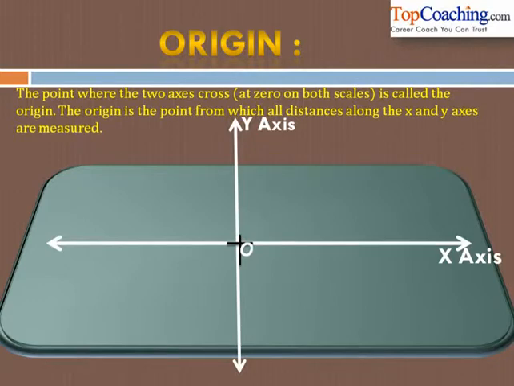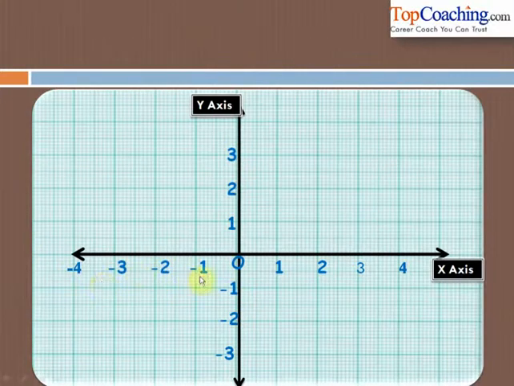Now let's see an example of how a point is located on the coordinate plane. So let us say that this is the coordinate plane, where this represents the x-axis and this represents the y-axis. Also we see that there are numbers plotted on the x-axis as well as on the y-axis. Towards the right side of the origin on the x-axis, the numbers are positive and increasing.